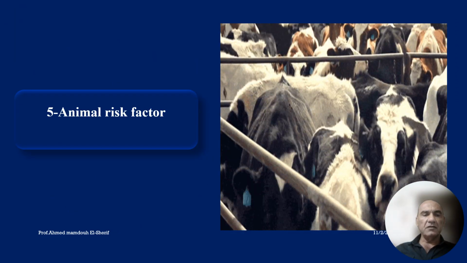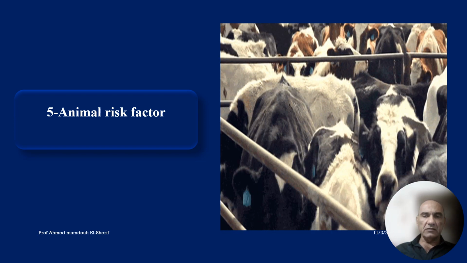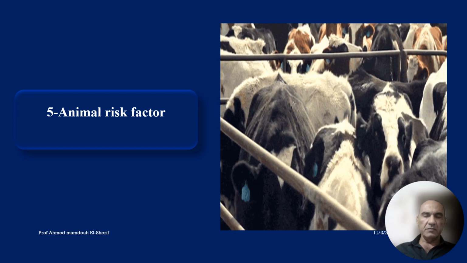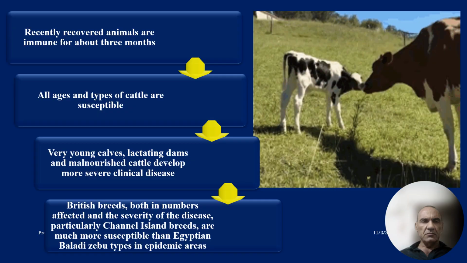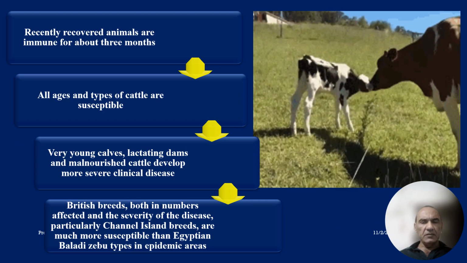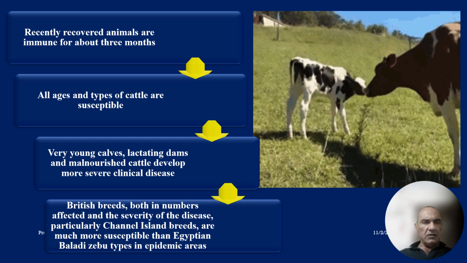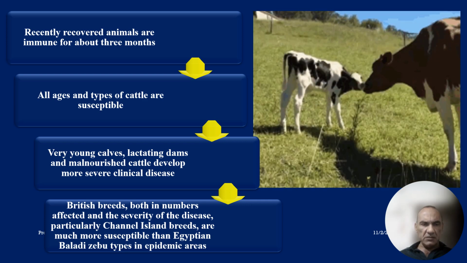Number 5 is the animal risk factor. Cattle, buffaloes, sheep, and other ruminants. Recently, we discovered that recently recovered animals are immune for about 3 months.